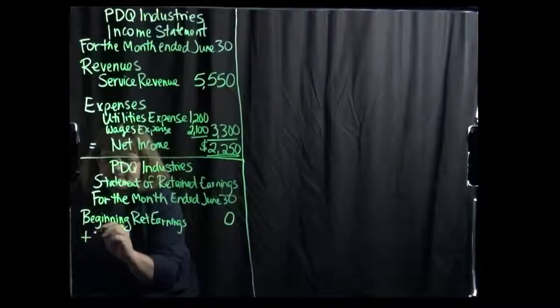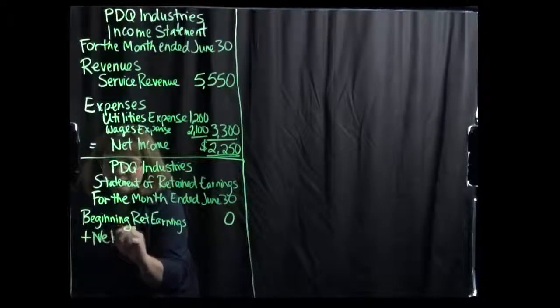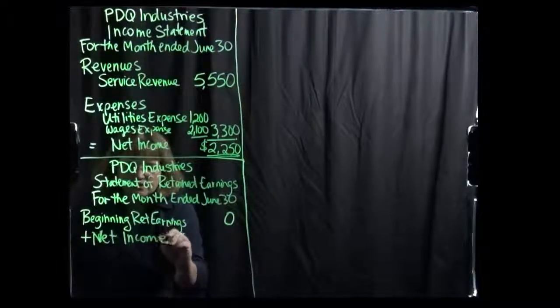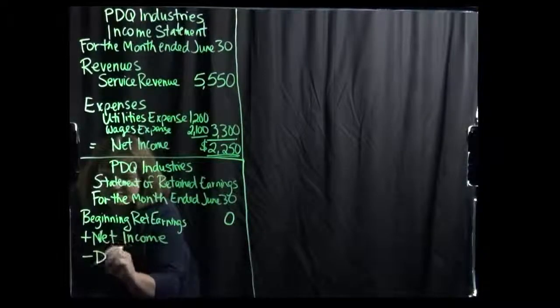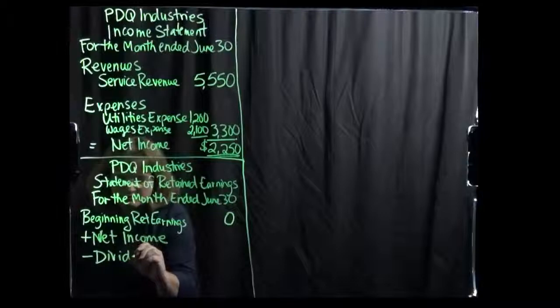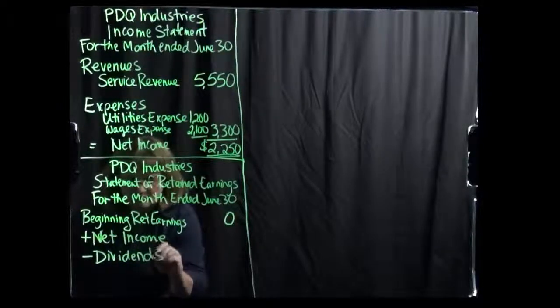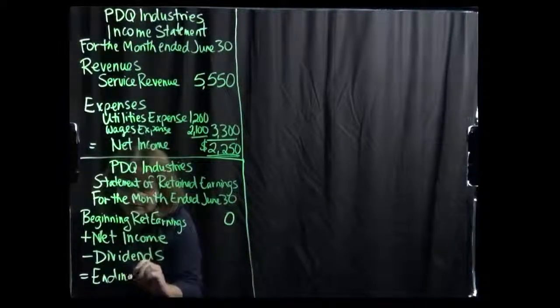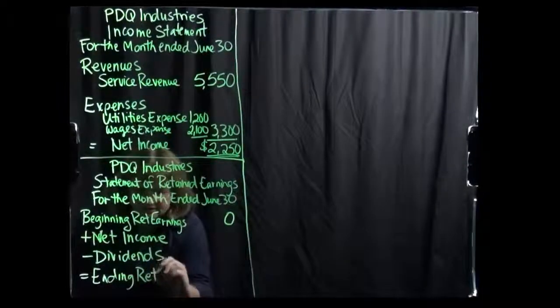This statement then says add net income. So beginning retained earnings plus net income, then minus dividends, equals ending retained earnings.